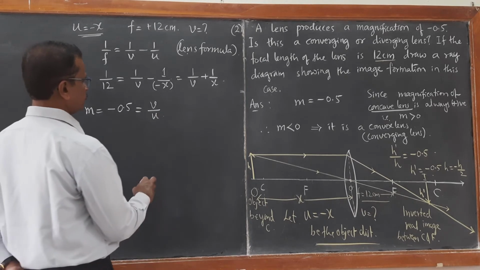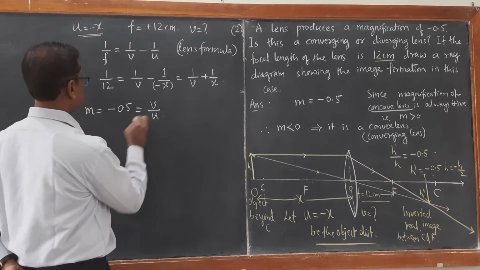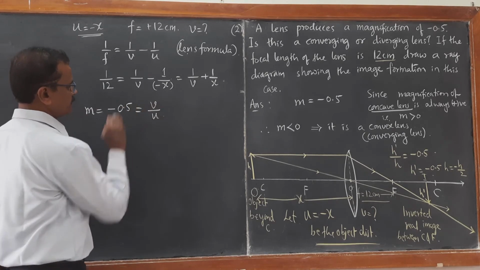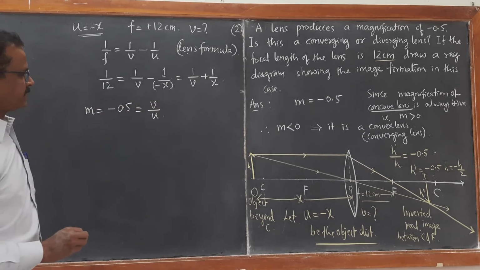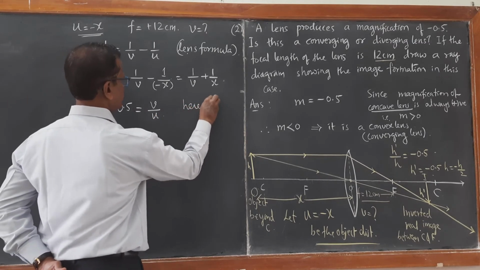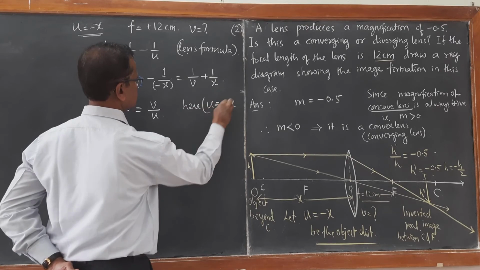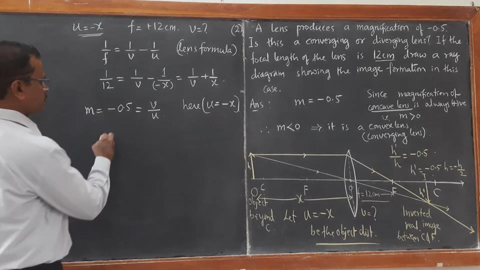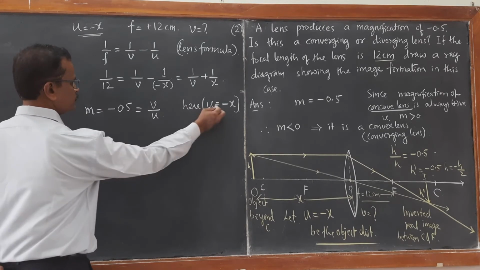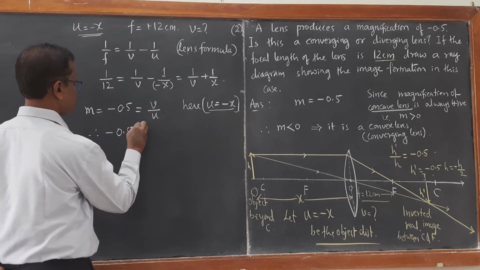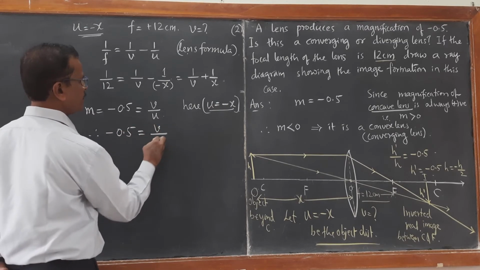So using v by u, I can find out what v is. Here you have u is equal to minus x, so I can find out v. Therefore, since u is equal to minus x, minus 0.5, that is magnification, is equal to v by minus x.